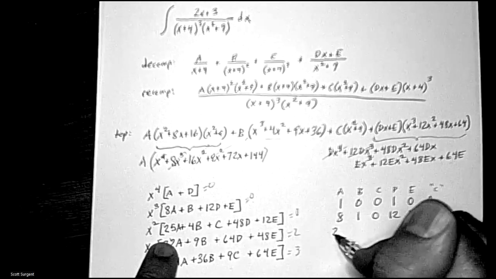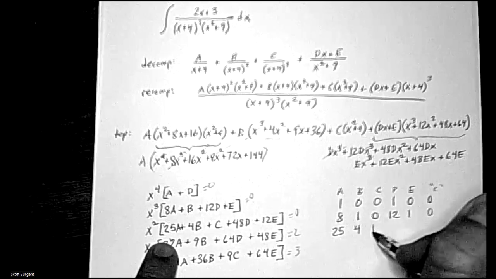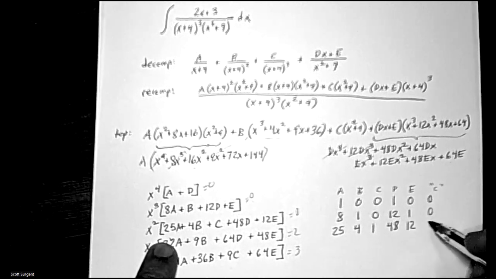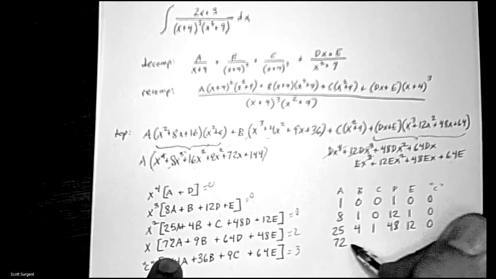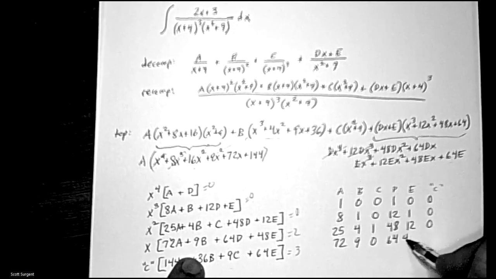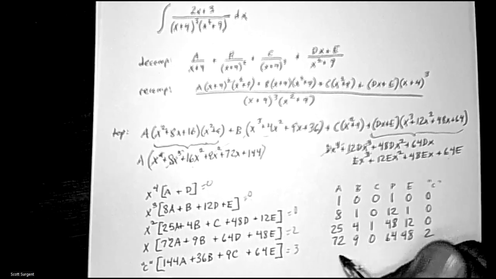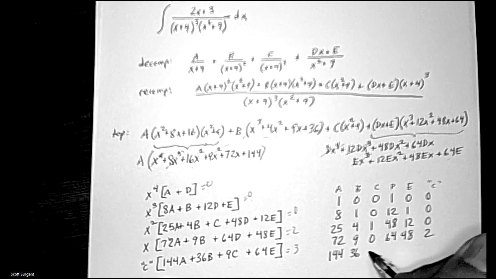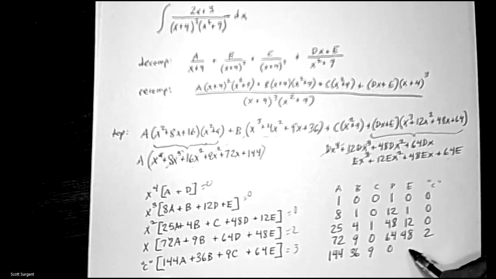For the third row, I have 25 A's, 4 B's, a C, 48 D's, 12 E's, and 0. Here I have 72, 9, no C's, 64, 48, and a 2. And here I have 144, 36, 9, no D's, 64 E's, and a 3.